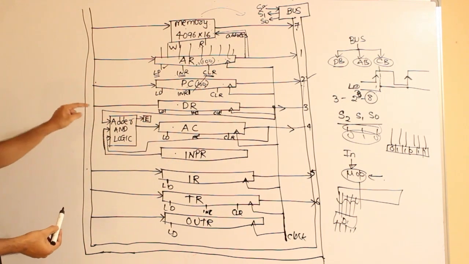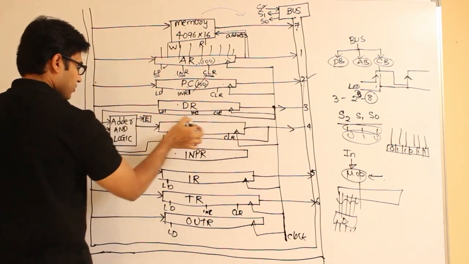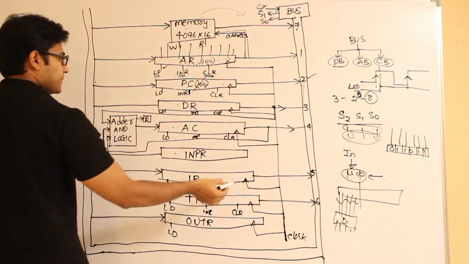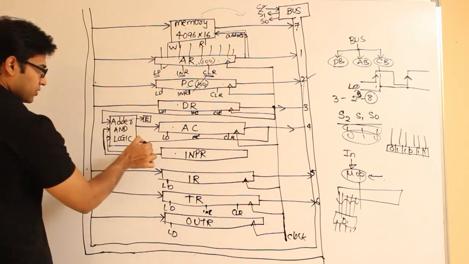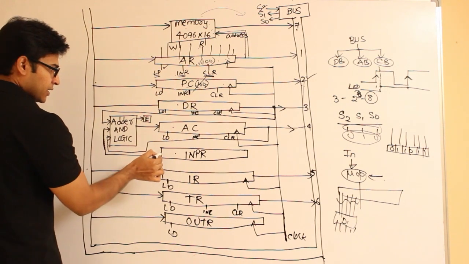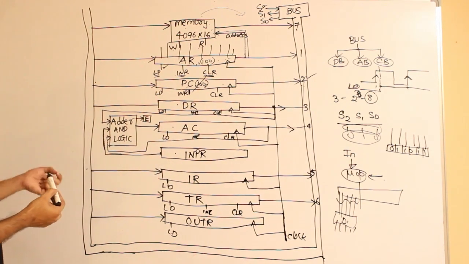Just see how they are connected. See this, the data register output is connected to adder, right? And similarly your accumulator output is also connected to the adder, and similarly input register is also connected to the adder.